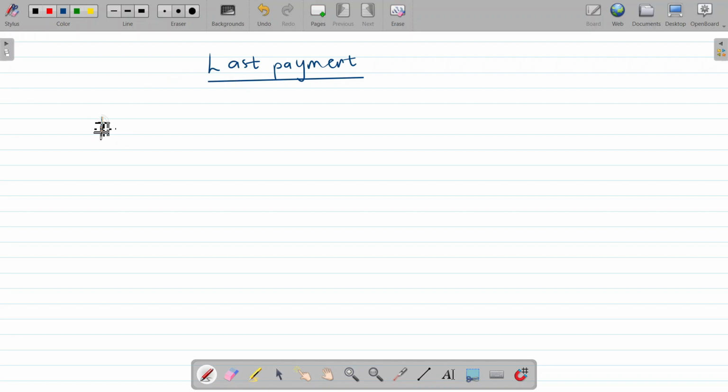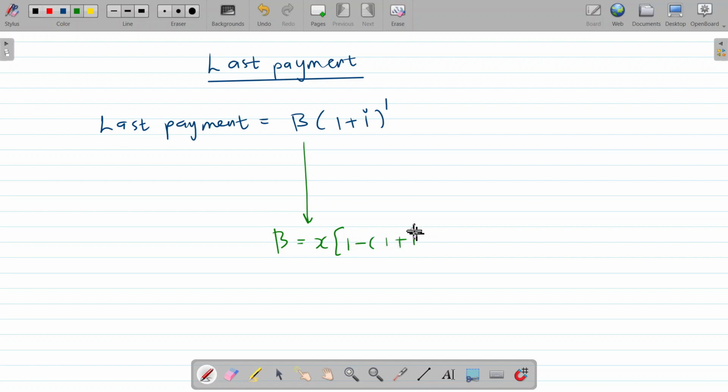So the formula for the last payment is going to be the balance on the loan. You're going to run your balance on the loan for only one. Over there at the top, your n is going to be 1, it's always going to be the case. So your balance on the loan is x times (1 minus (1 plus i) to the power of minus n) all over i.